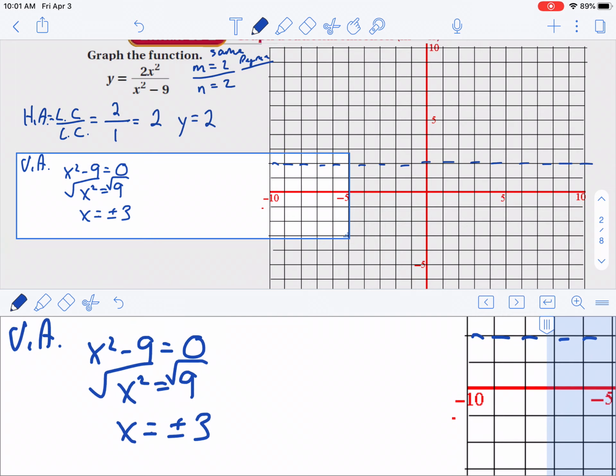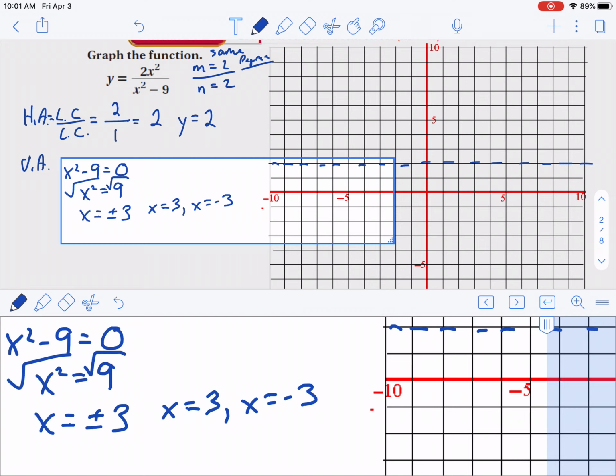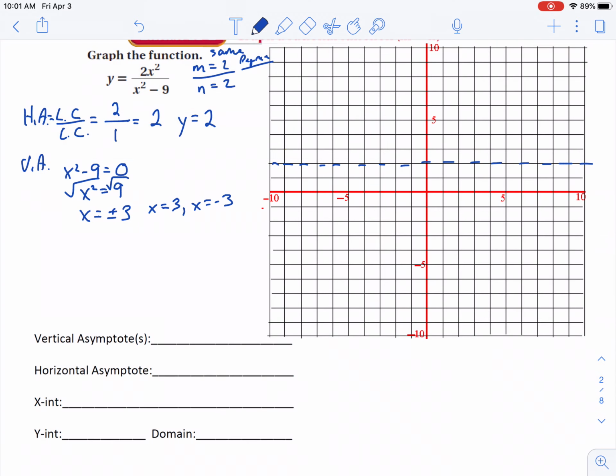And so my vertical asymptote is the line x equals 3 and x equals negative 3. So along x equals 3 and x equals negative 3, I'm going to put a dotted line for my asymptote.